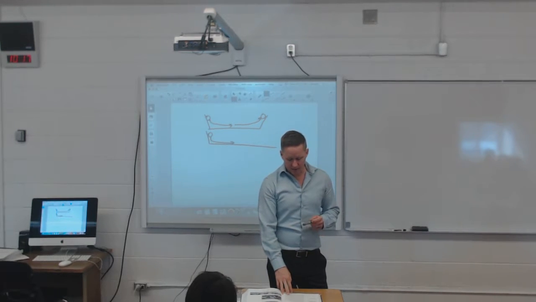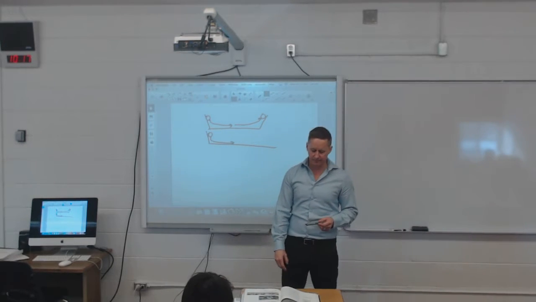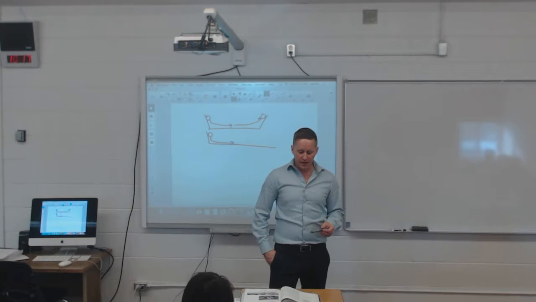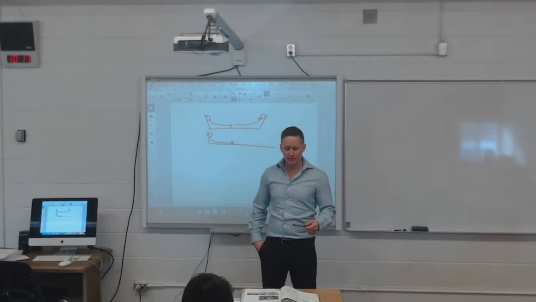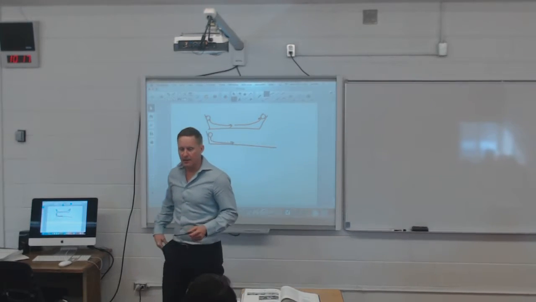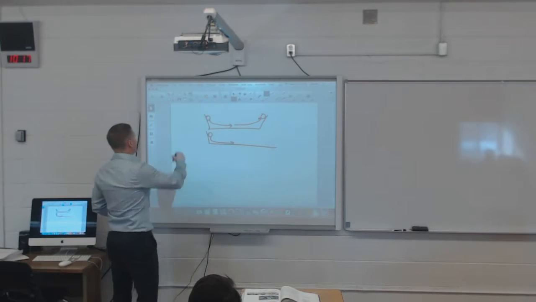When no external, unbalanced force acts on an object, its velocity remains constant. Or, if no net force acts on an object, it maintains its state of rest or its constant speed in a straight line. So basically speaking, what they're saying is this.